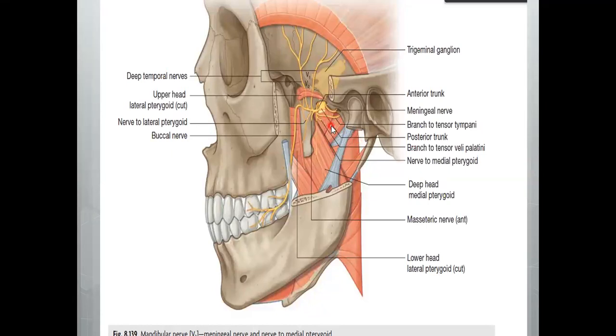And from this is the posterior trunk. And this is the branch to tensor tympani. And these are deep temporal nerves.